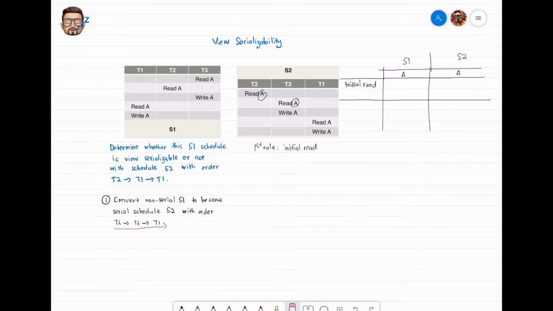Which transaction did the first read? The first read on A is done by T3 and T2.